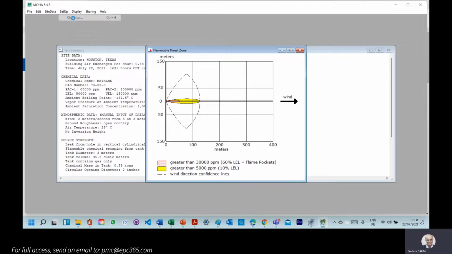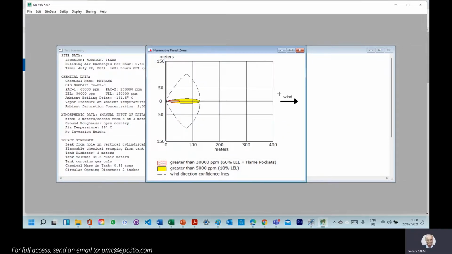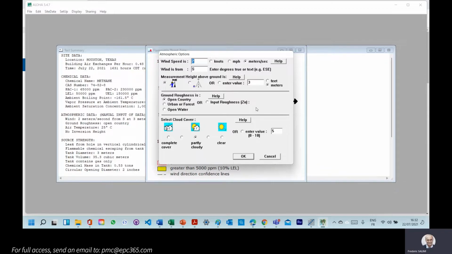For the setup, you can choose the chemical; it has pure chemical and solution. For easy understanding, I choose methane. If you click M, you can come here to methane, and then you go for atmospheric input data. I put the wind speed at 2 meters per second, and it comes from the south.